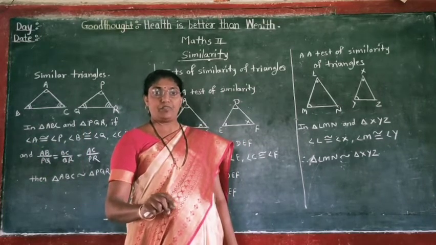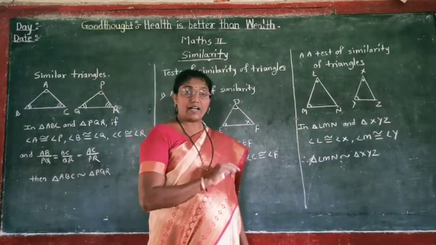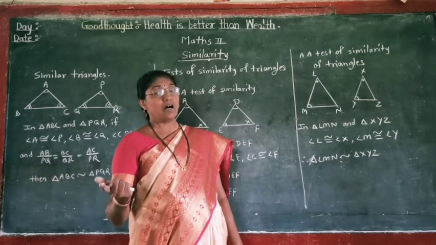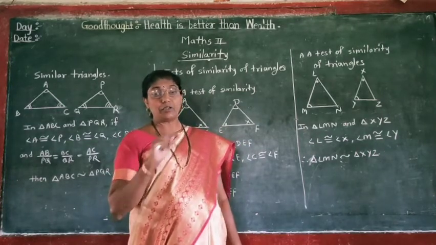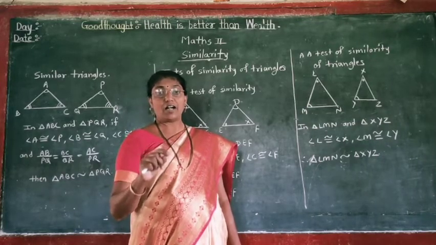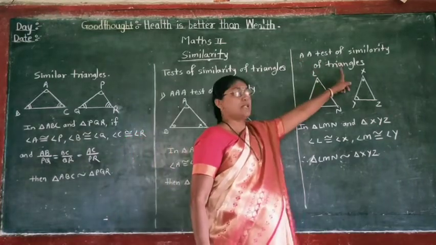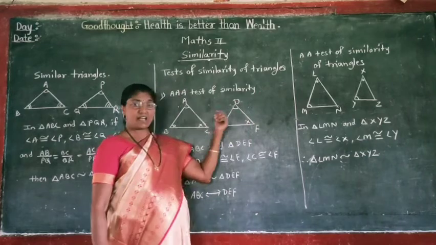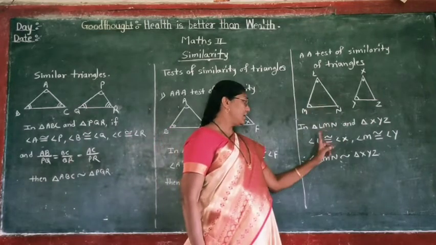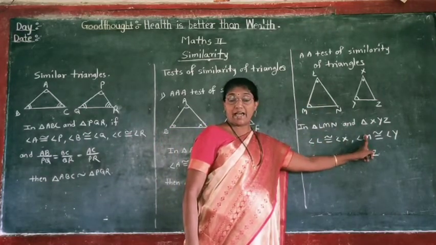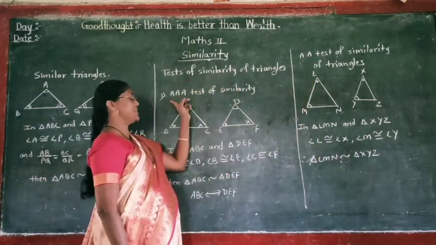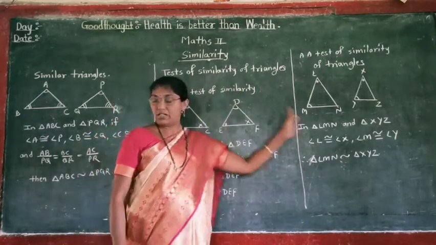That means, if two corresponding angles are congruent, then the two triangles are similar. This test is known as the AA test of similarity.